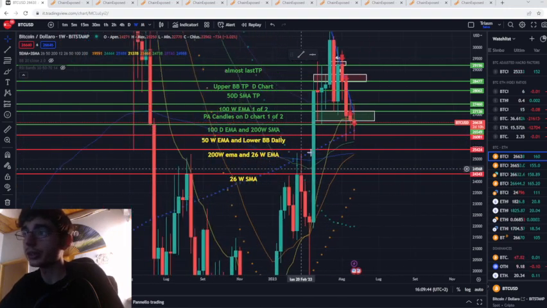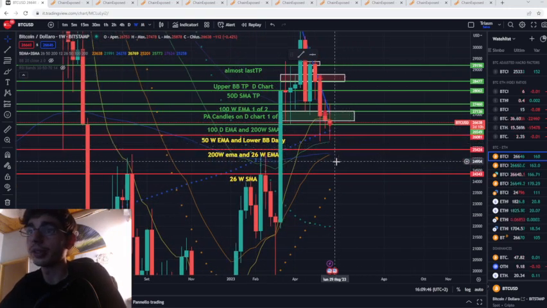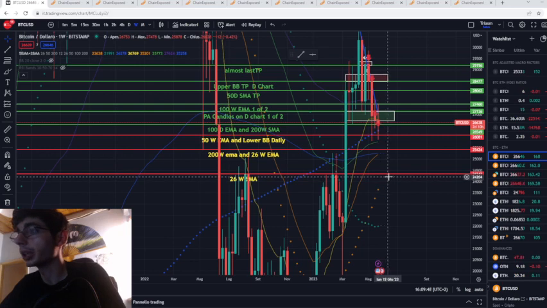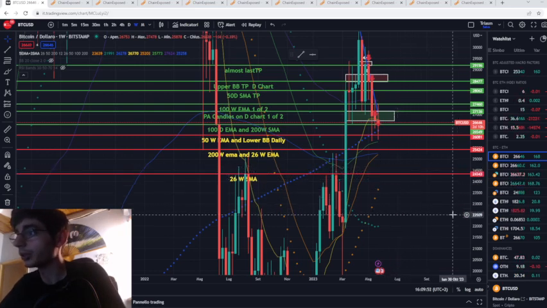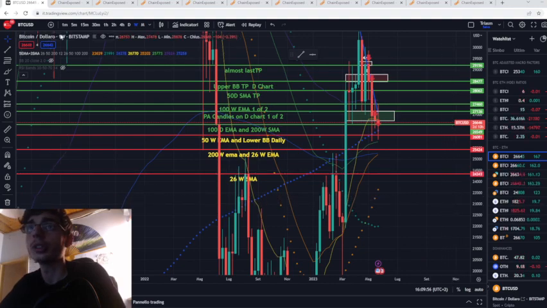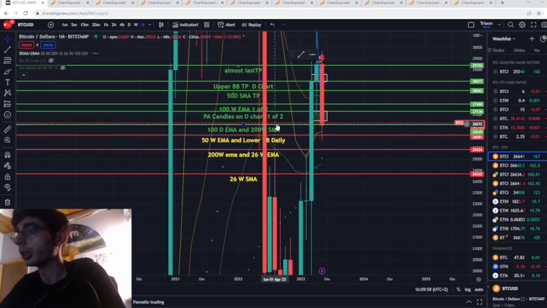So there isn't really much between the 25k level and the 24k level, nor until I think 23, because the 23k level has more support on the monthly.